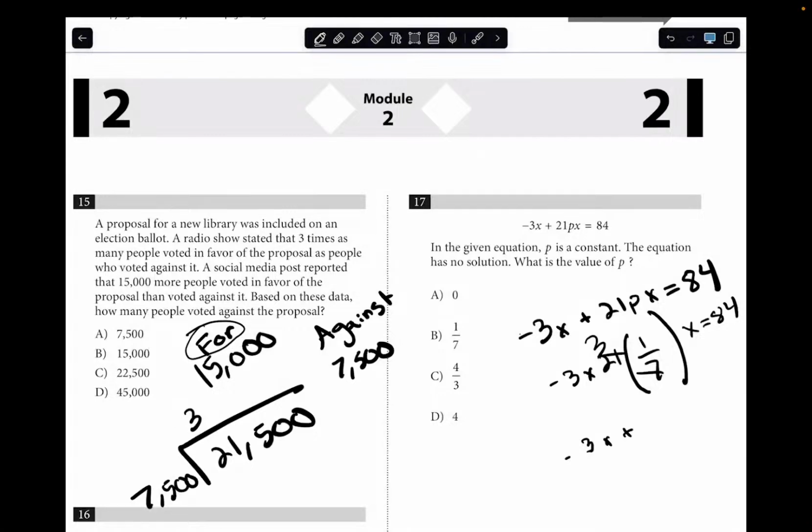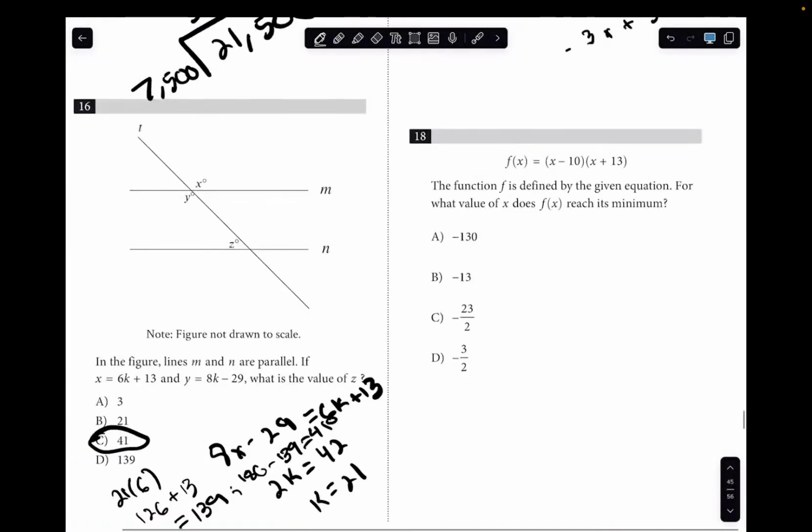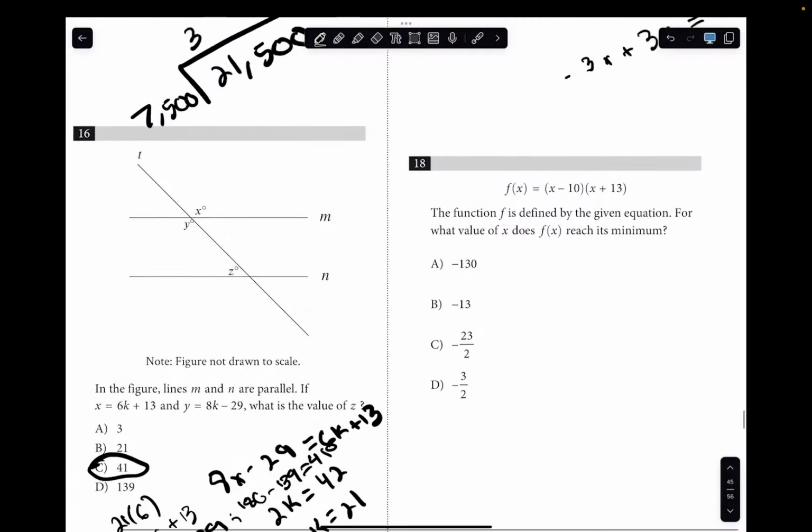Yeah, I think it's just like another plug and chug kind of question. Instead of just trying to do the algebra of it, you just start plugging in values and seeing which one works.